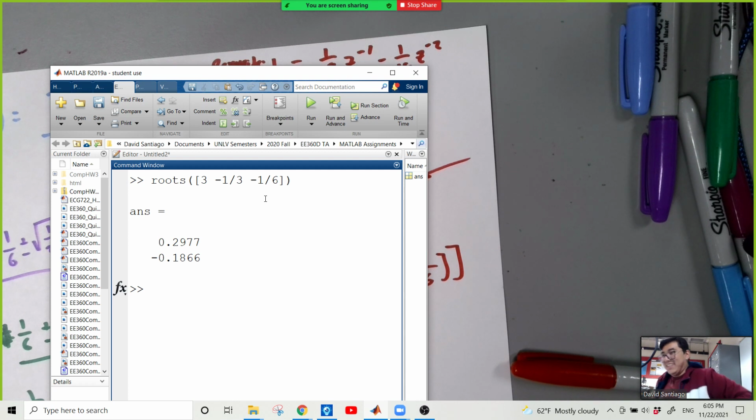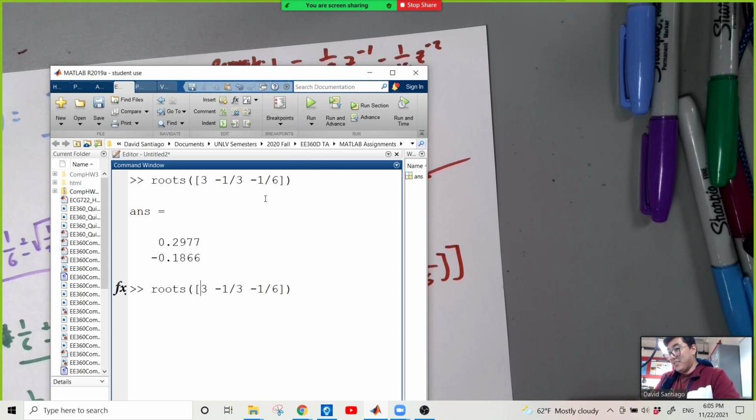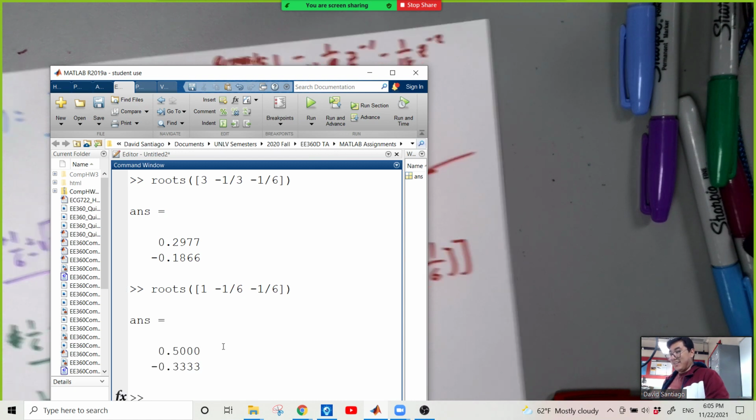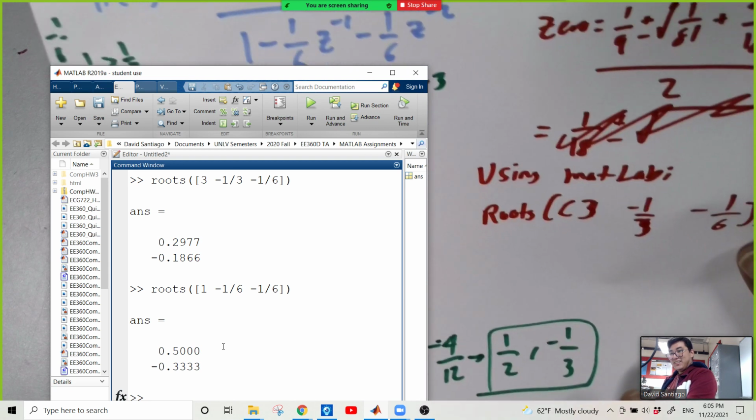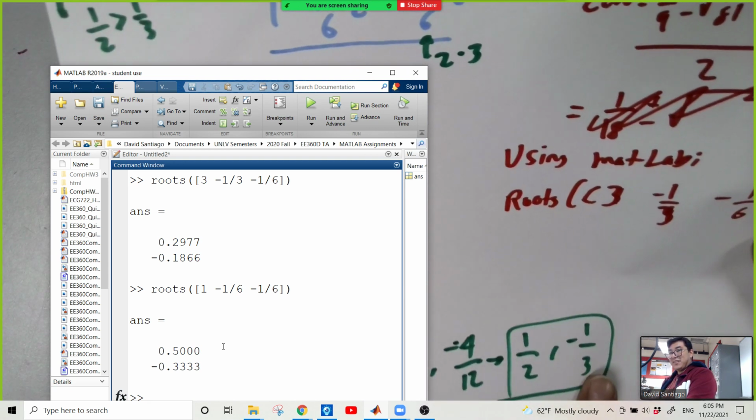Boom. Yeah, those are not that. I don't like those. And actually, let's confirm the other one. So we have a 1 and a 1 over 6 and a 1 over 6. And yeah, that looks just like our poles, you see? There you go, 1/2 and minus 1 over 3.